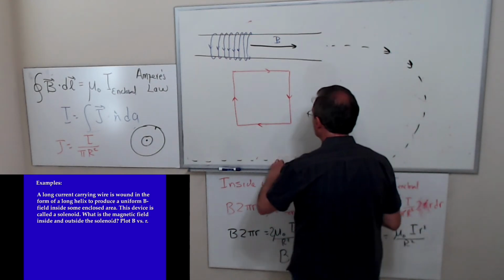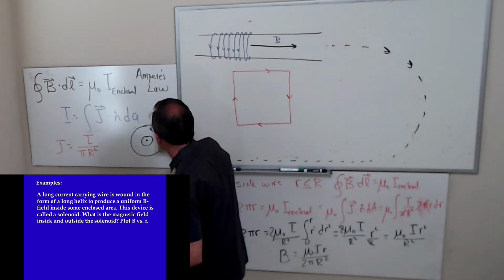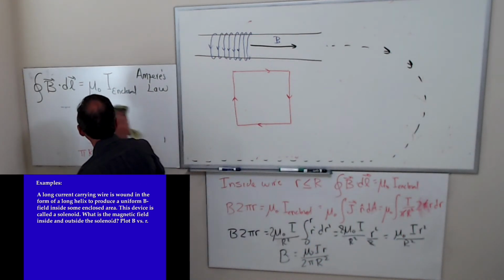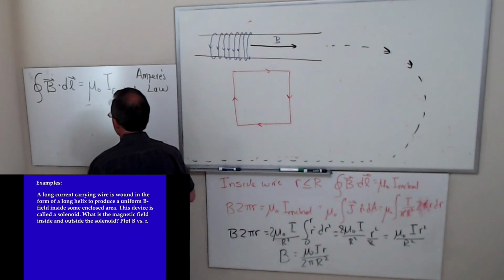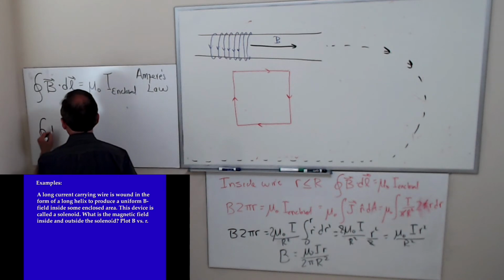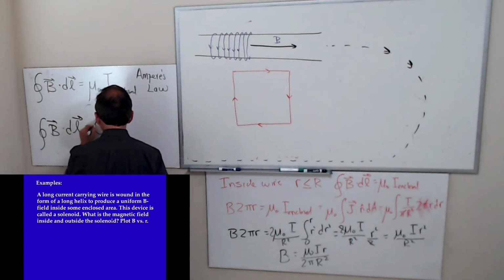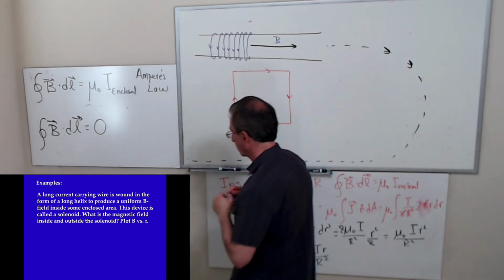So there's no current that goes through this. So for now, when I choose this loop, this has to be true for this loop.